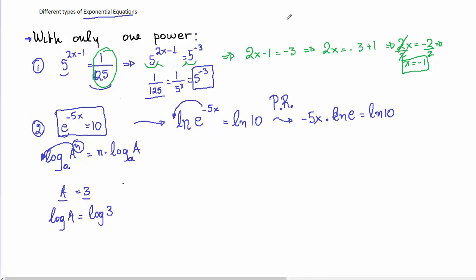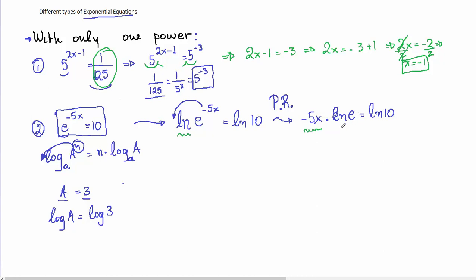Now, let's observe what happened here. First of all, the negative 5x is now on a variable level and not in the exponent anymore. Second, by choosing ln, where the base of the logarithm is e, I managed to have now ln of e.